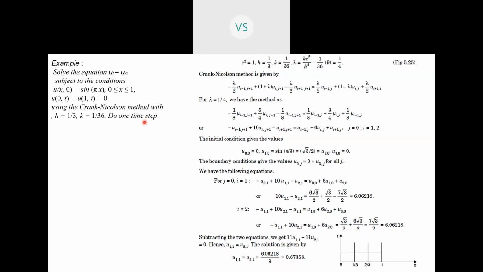Here they have told us to perform only one step. So the initial value of t is 0, so the final value will be t0 plus k.